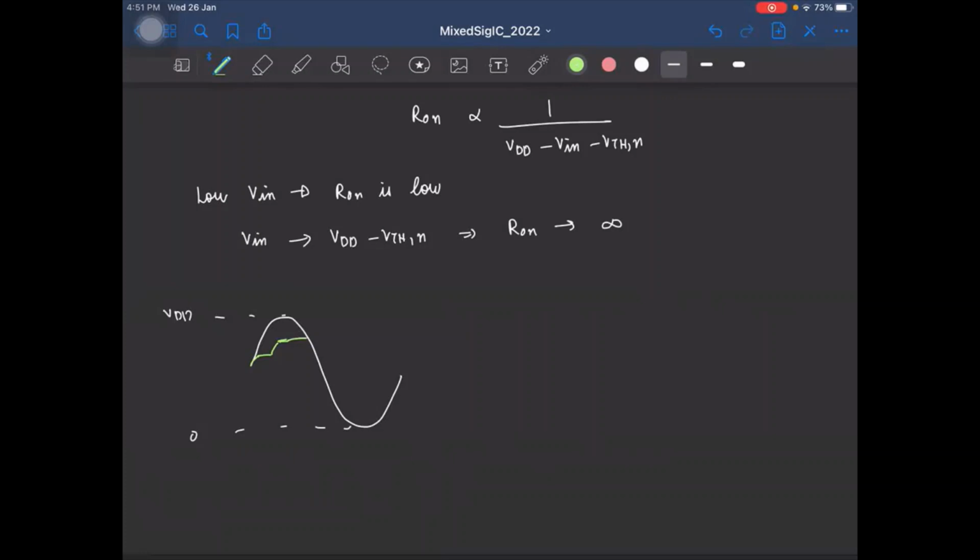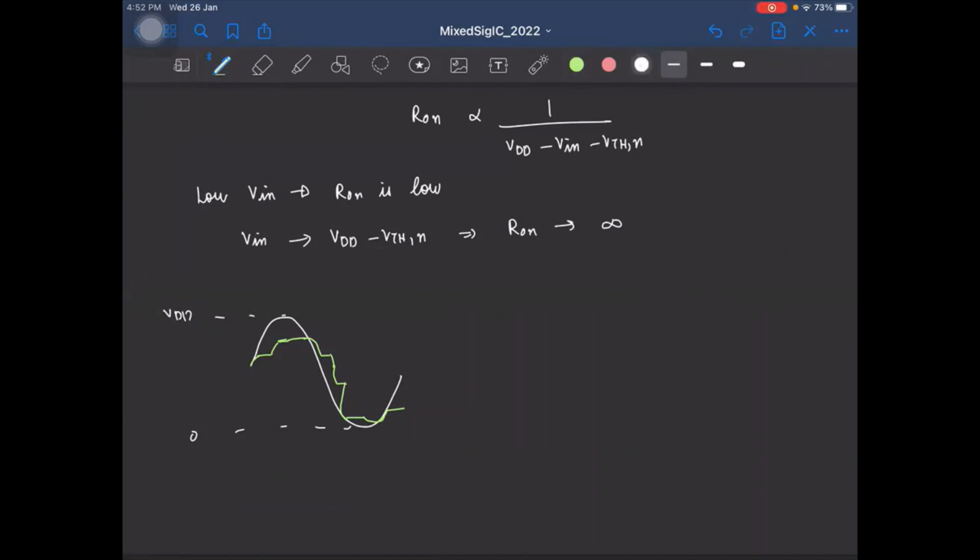And again, when the input starts to decrease, it might be able to track decently. It will hold here. And as the input reduces further and further, it will be able to track even better. It might do something like this. I'm just drawing a very rough sketch.